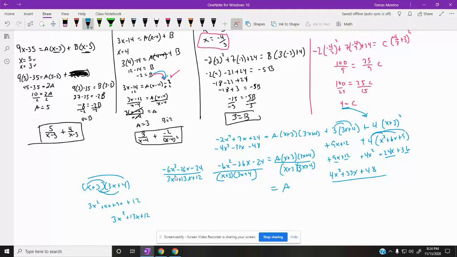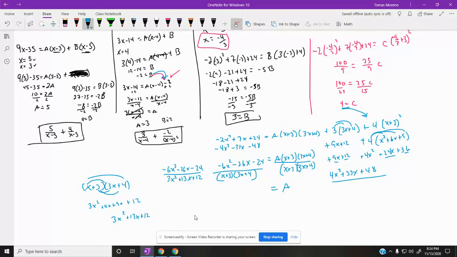So if you see this, you can already see that two of these are going to go in this, because 2 times 3 gives us 6, 2 times 13 gives us 26, 2 times 12 gives us 24. It's like that long division we did a while back. Wait, did we do long division?